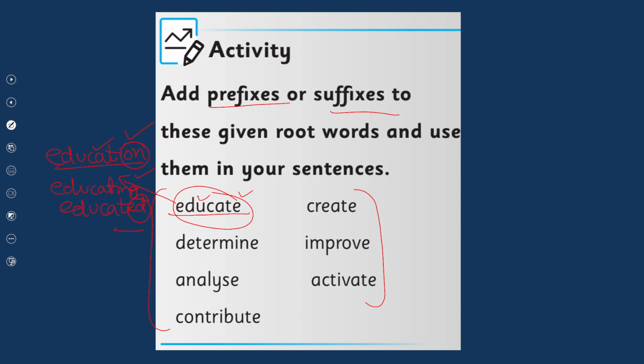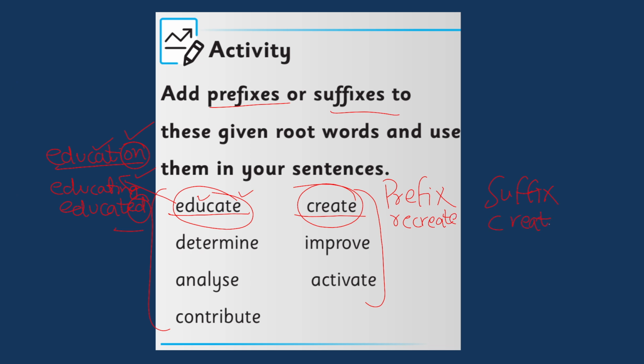Just like from the word create. This is our root word. Now, can we use a prefix to make a word? And here we will use a suffix. So, create can become recreate. Create can become creation or creative. Creative. Right?